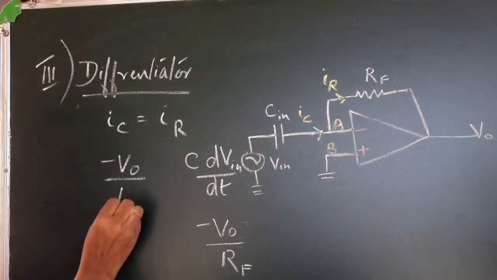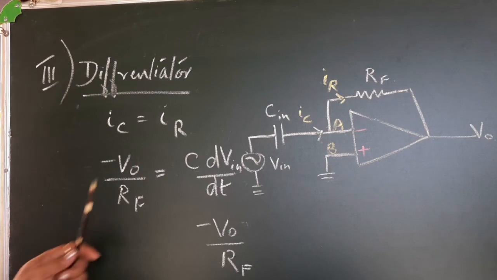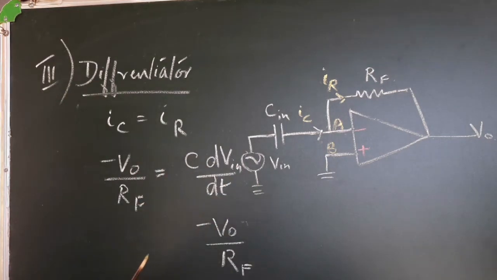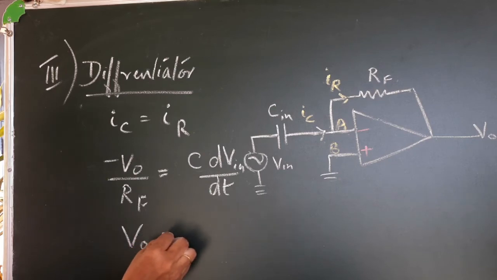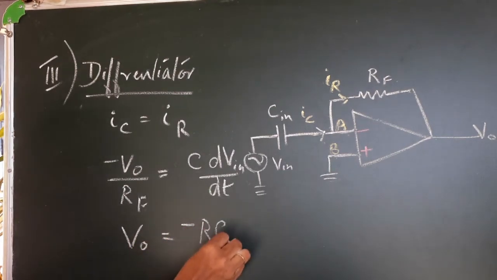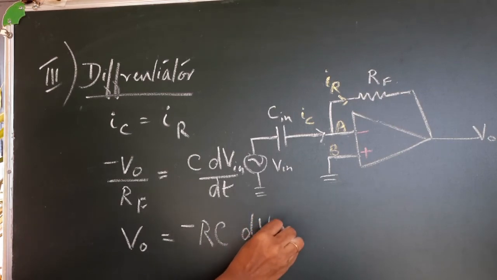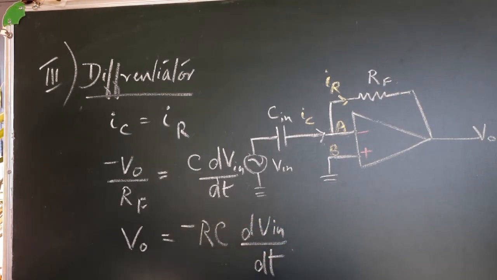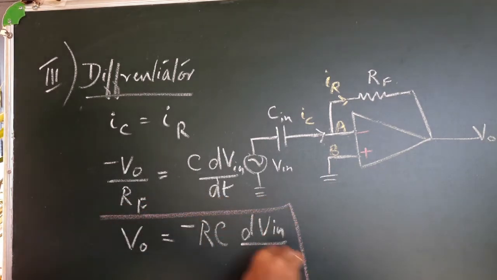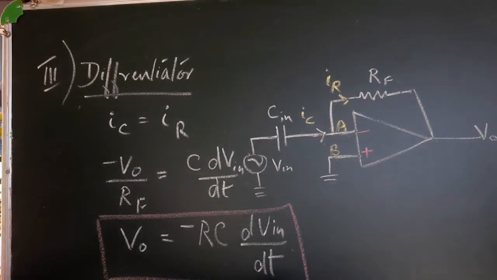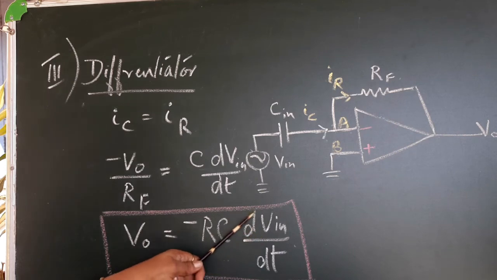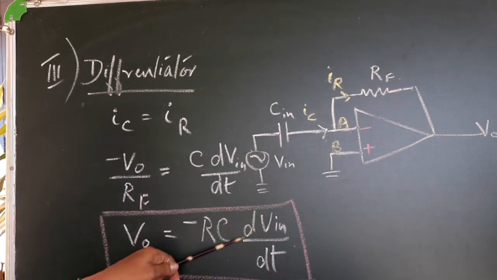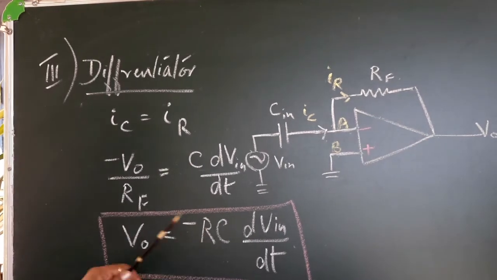Minus V0 by RF is equal to C dV in by dt. We will rearrange this equation to get V out. V out is equal to minus RC dV in by dt. So this is the final expression for the output of a differentiator. The output voltage is proportional to the differential of the input voltage, and the scaling factor here is minus RC.